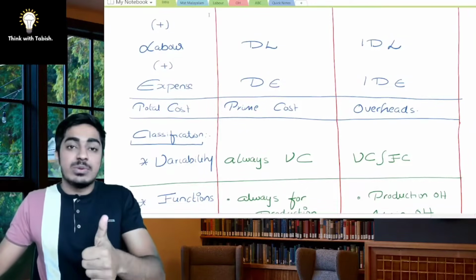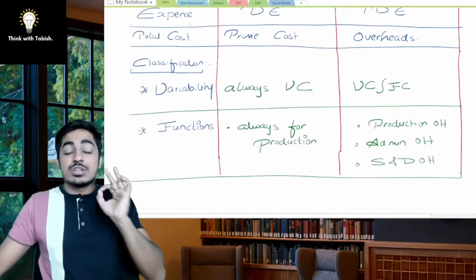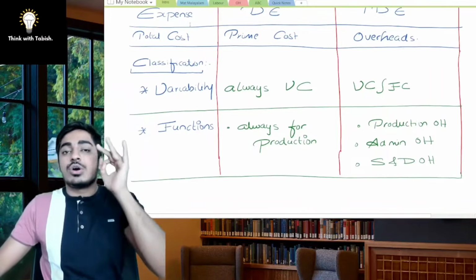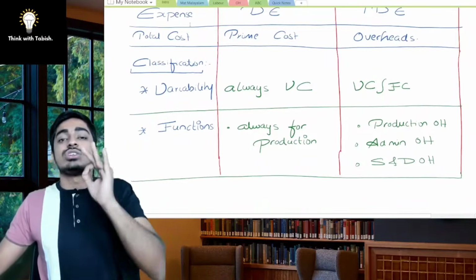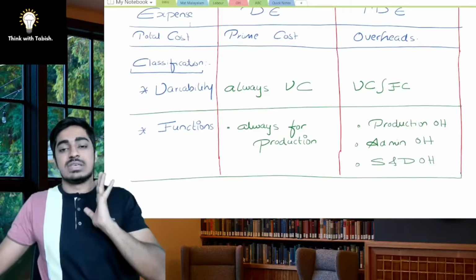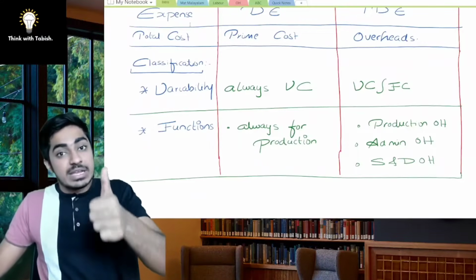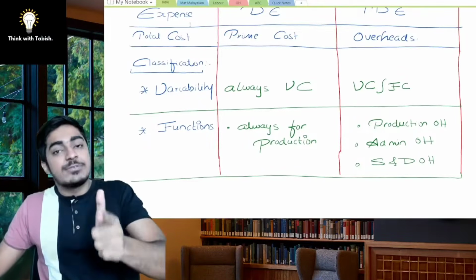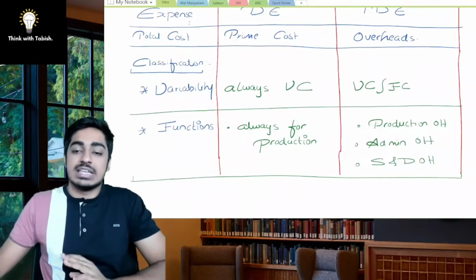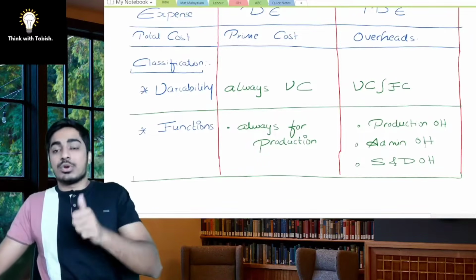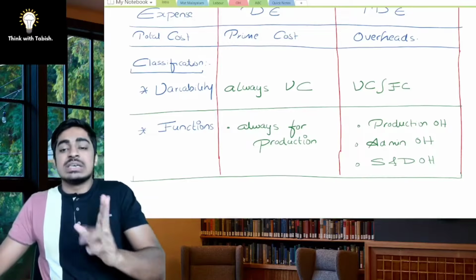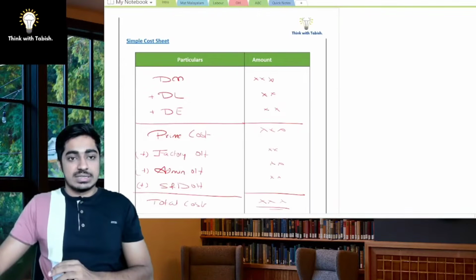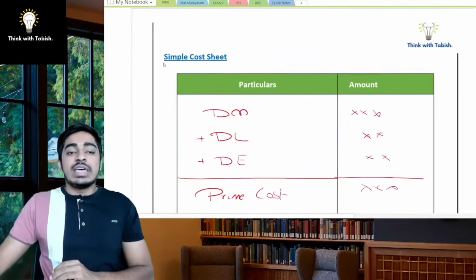Overheads can be variable cost, can be fixed cost. Based on functions, prime cost is always incurred for production of goods or services. And overheads may be incurred for production, administration, or selling and distribution. Accordingly, they are called production overheads, administration overheads, selling and distribution overheads. So now we have all the elements of cost.